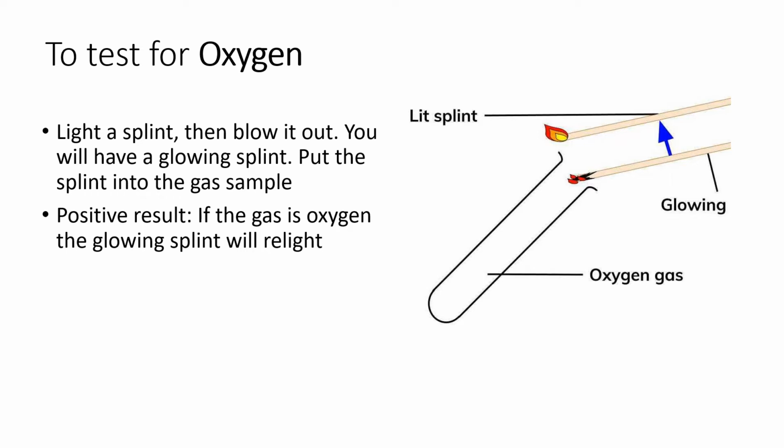So the procedure of how to do it is light a splint and blow it out, put the glowing splint into the gas, and the positive result would be the glowing splint will relight. So if you pause the video now and get that into your table.